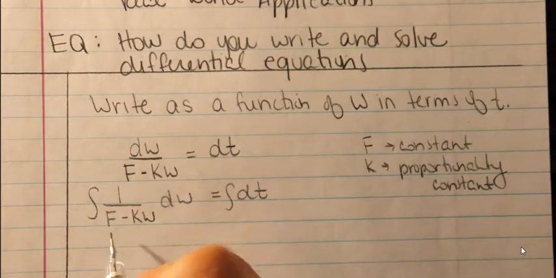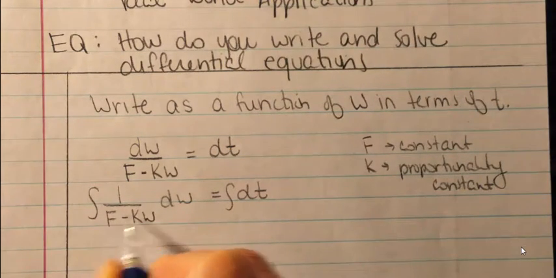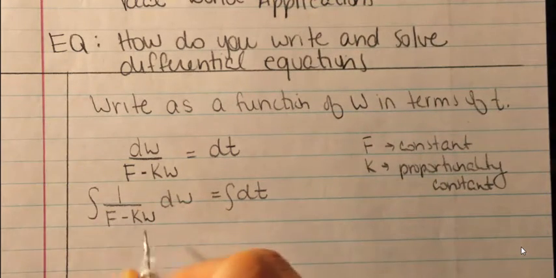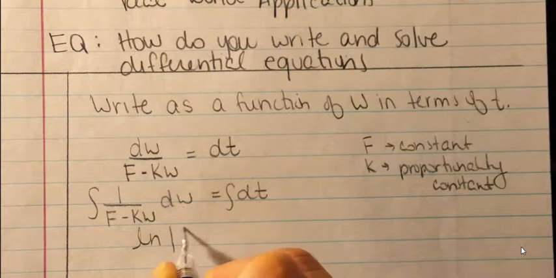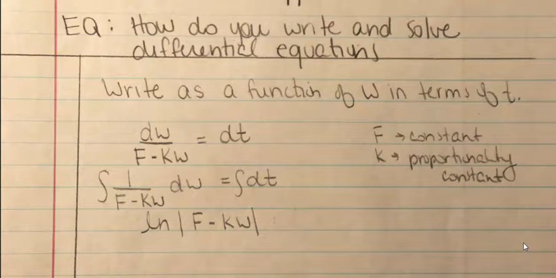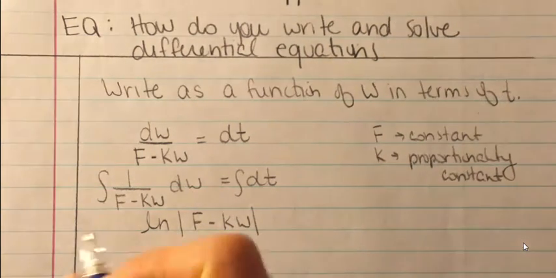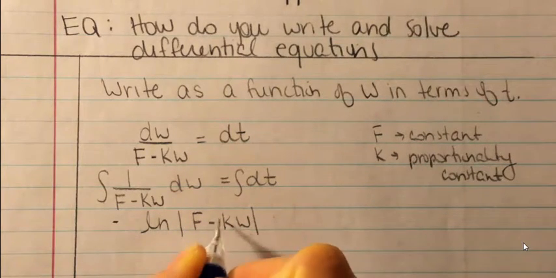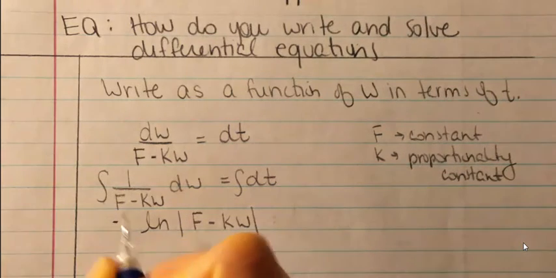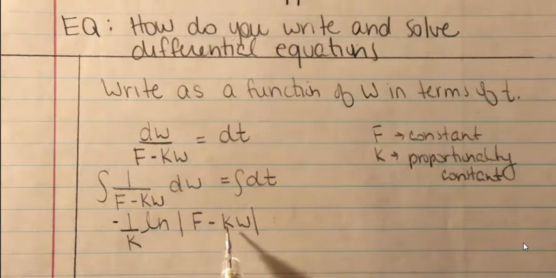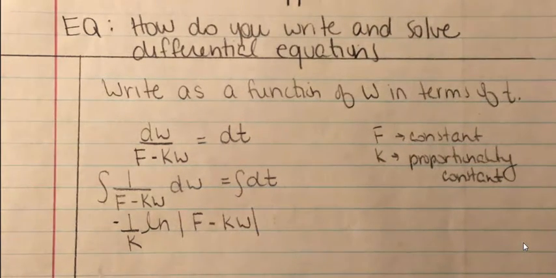So if I'm taking the integral with respect to w, that's just going to be the ln of the absolute value of f minus kw. And then I would have to think about the chain rule. So unchain ruling it, I should divide by a negative, because that's a constant, 1 over k. Imagine maybe that was like 4, so I'd be dividing by a negative 4. So I'll just write that out here.